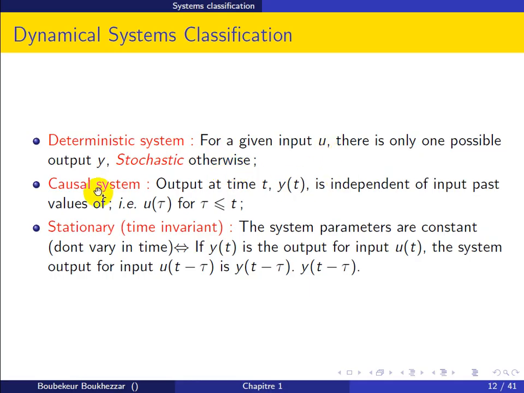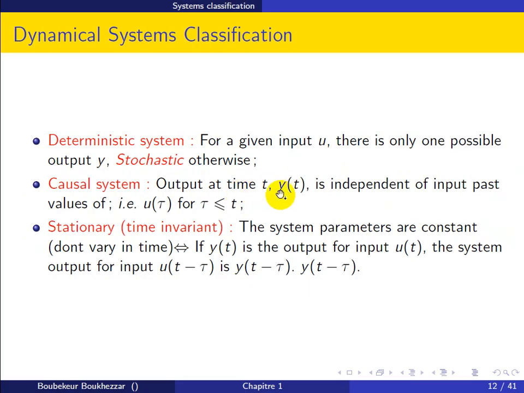A causal system is a physical system that doesn't give output if we don't give it input.